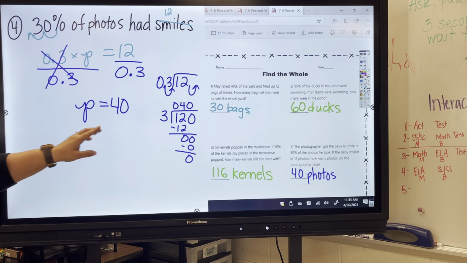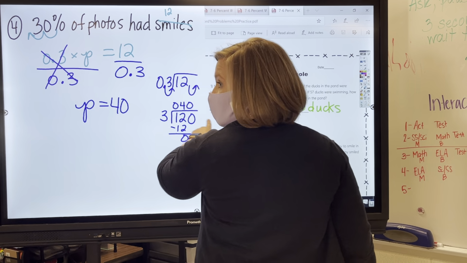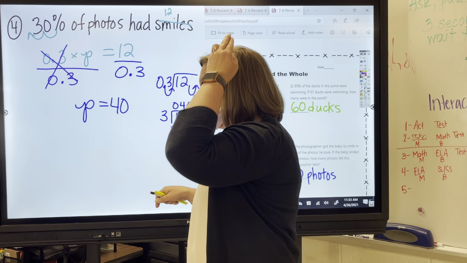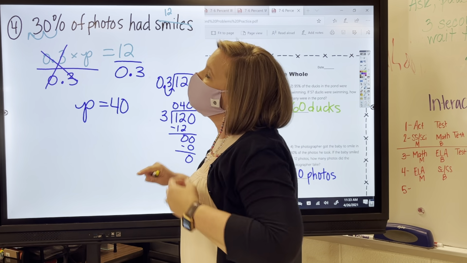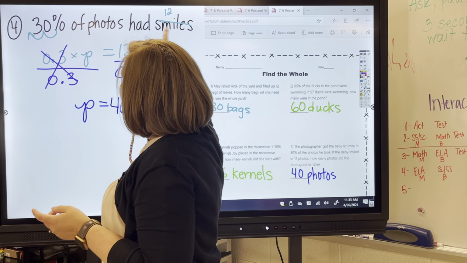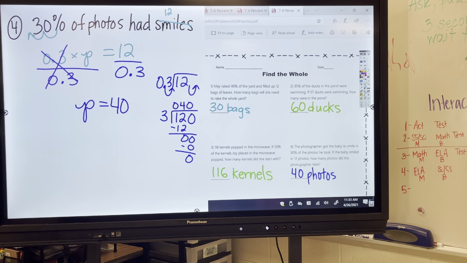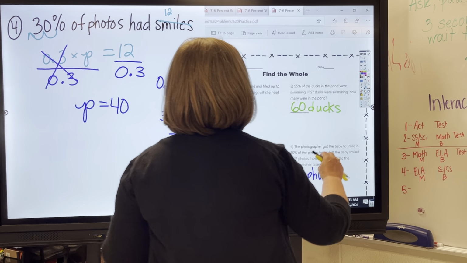If you can do this part in your head, a lot of people can do this part in their head, okay? And 30%, you would at least have to have had this or your equations written down before you could do it in your head at this stage of the game without making mistakes. Does that make sense? Otherwise it's going to be easier for you to make a mistake.